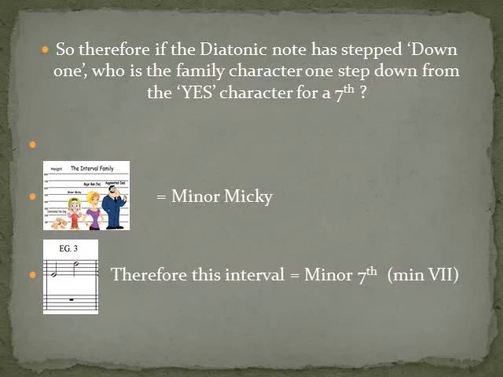In other words, had it been a D sharp in the example, it would have been the yes character, namely major mum. But in this example, it stepped down 1 from major mum, size goes down to minor Mickey. Therefore, this interval is a minor seventh because the size of the gap has reduced from E to D sharp, has reduced from E to D, making the gap one smaller.